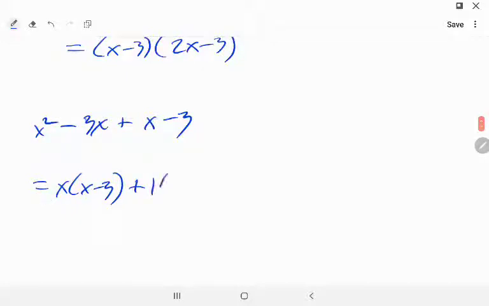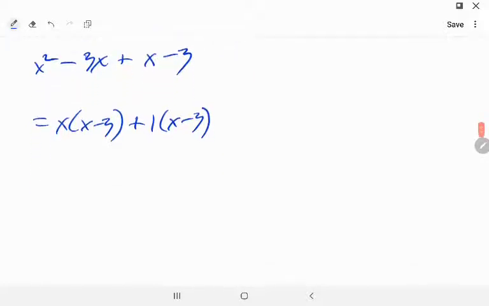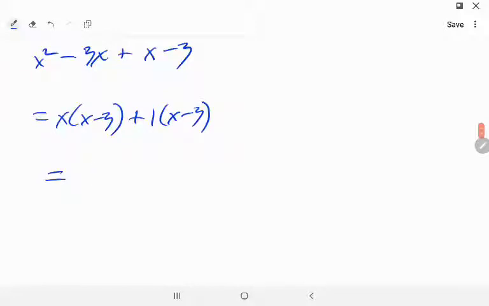We can write plus 1 times the quantity x minus 3, and so now we have a common binomial factor, x minus 3, so we get the quantity x plus 1 times the quantity x minus 3.